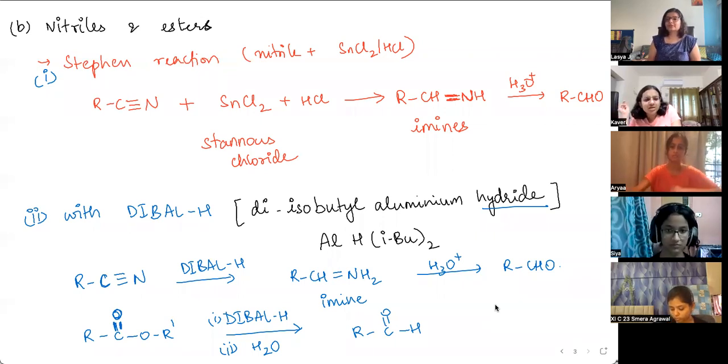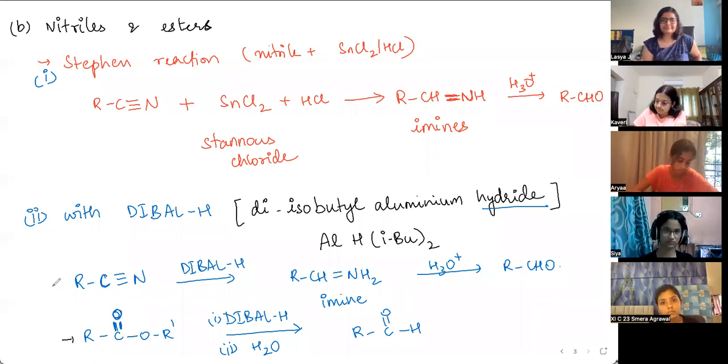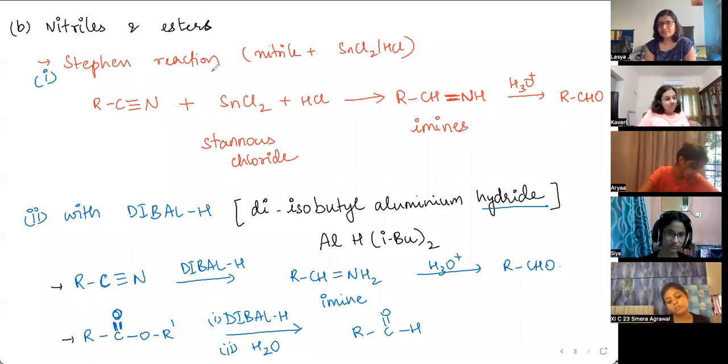So, where is ester in this? This one? So Stephen reaction is specifically only when you use stannous chloride and HCl instead of DIBAL-H in order to reduce it to an imine.